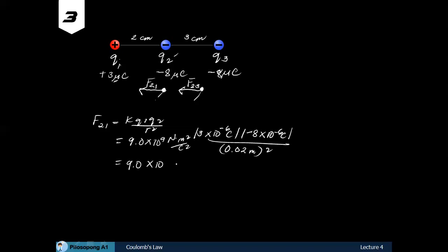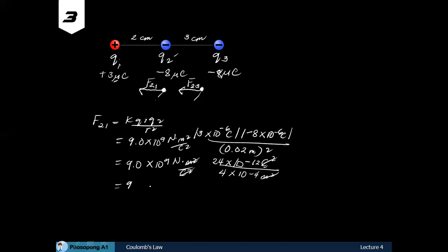So we have this one. I'm rewriting it so that it will be step by step. 3 times negative 8, that's 24 times 10 raised to negative 6 plus negative 6, which is negative 12 coulomb squared, over the square of 0.02, that is 4 times 10 raised to negative 4 meters squared. So we cancel out all similar units.